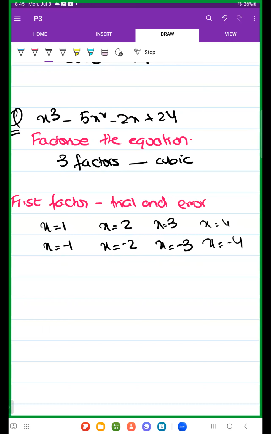Use your calculator to do this. And then tell me the first factor, okay?